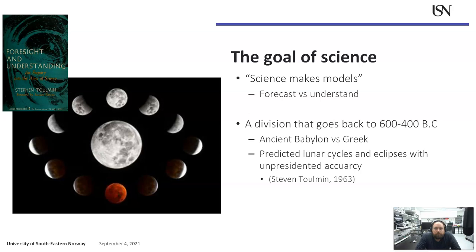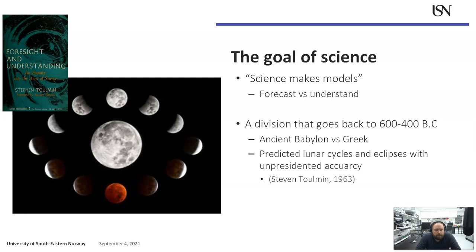The Babylonians were very good at predicting things mathematically. They used something which is in some sense similar to a Fourier transform, and were able to, for example, predict lunar cycles and eclipses with unprecedented accuracy, according to this book by Stephen Toulmin.